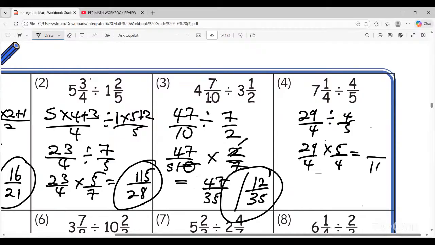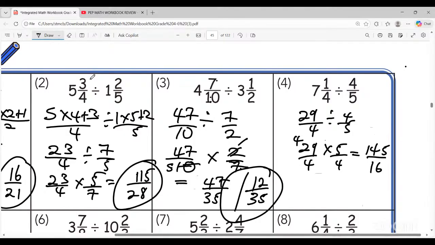Yeah, this is better now. 5 nines are 45, and 5 twos are 10, that's 145. How many 16s can we get out of this? 5 sixteens is 80, plus that, 96. That was 6, 7, 8. About 9 times. Yeah, man, about 9 times.